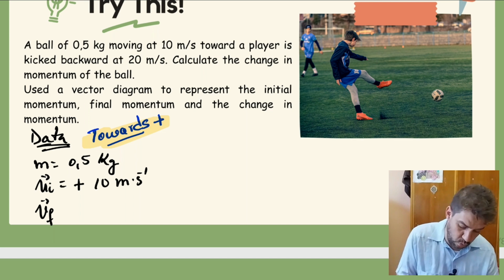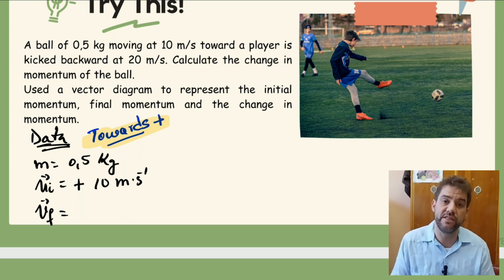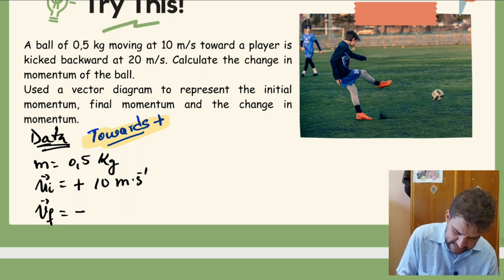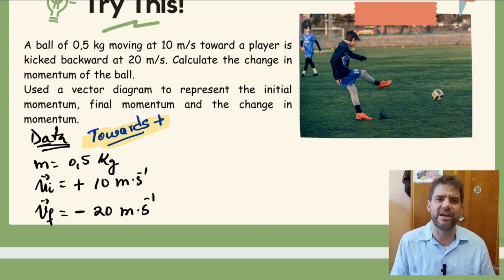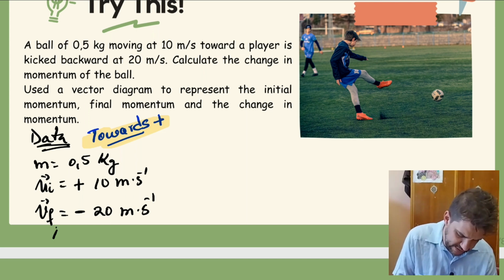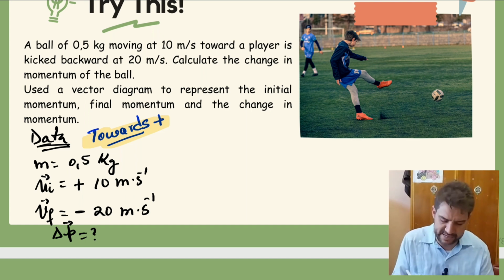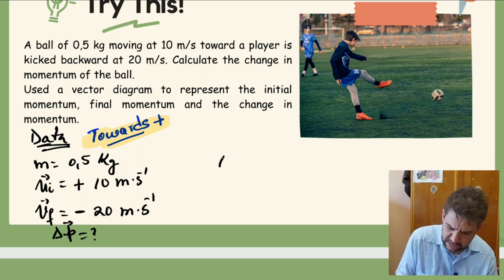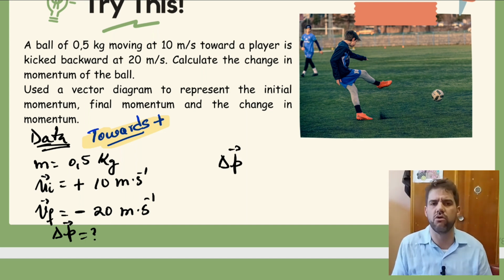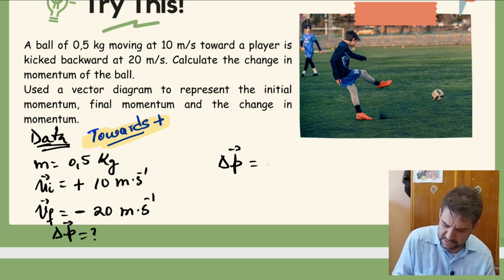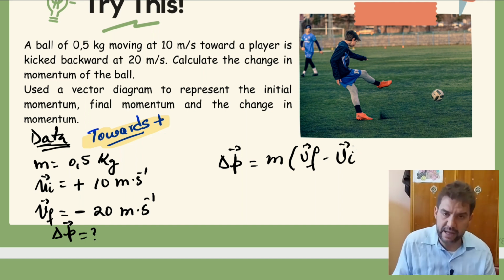And then when that person kicks the ball, it is going to move in the opposite direction, so this one is negative 20 m/s. We're looking for the change in momentum, that is the question mark here. So we're using the formula that I just showed you. You don't have to write all of them. You can say the change in momentum is equal to the product of mass, bracket, final velocity minus initial velocity. And then you substitute.